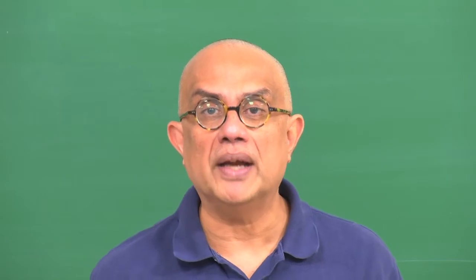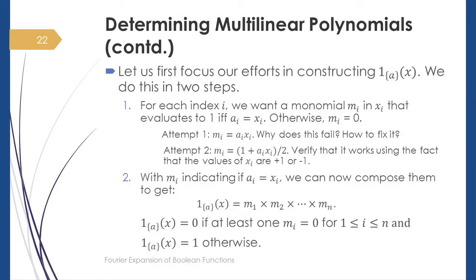So, now a little more generality going beyond this example, let us focus our efforts on trying to construct these types of indicator polynomials for an arbitrary given Boolean function. So, you have input values 1 through n, and for each such index value i of the input, we would want what we call a monomial mi in xi that evaluates to 1 if ai equals xi, the ith input, otherwise mi equals 0.